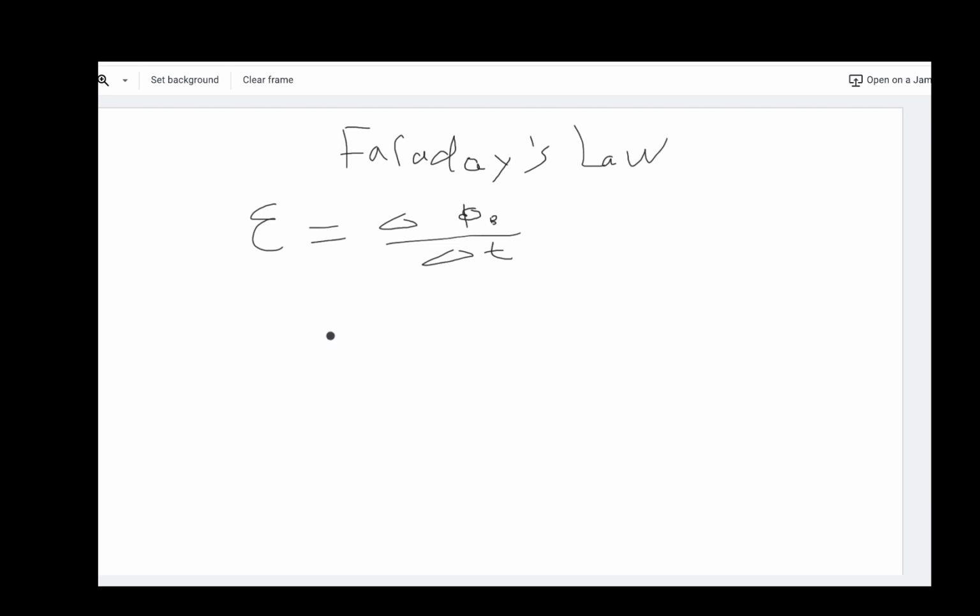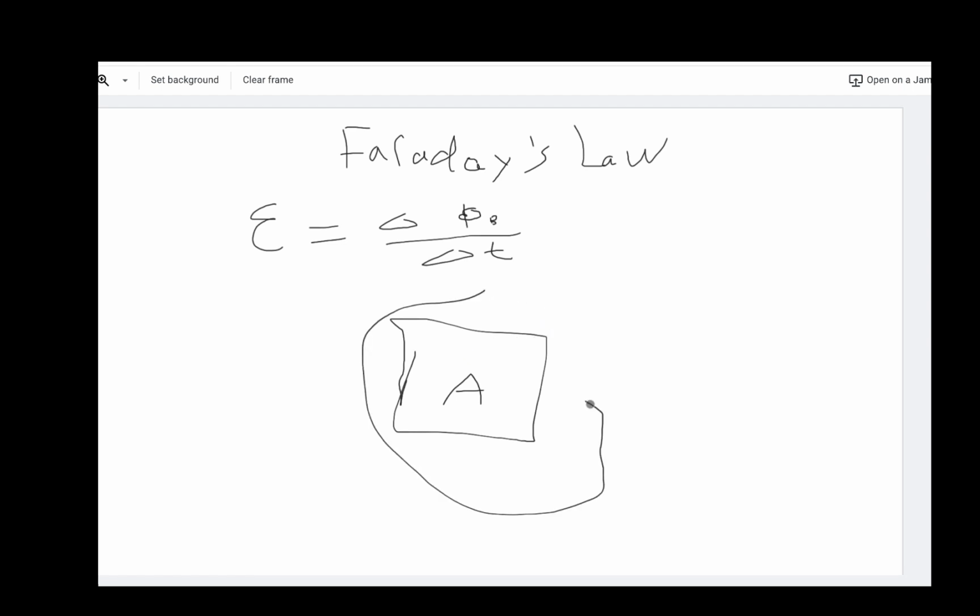But what is flux, right? Well, let's say we have a certain area, let's call it A, and pretend this is a closed shape, just a normal rectangle. And let's say we have a field going into this. Essentially, flux is how much of the field passes through a certain area.